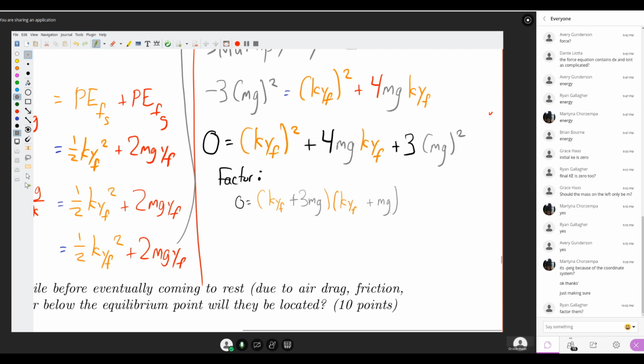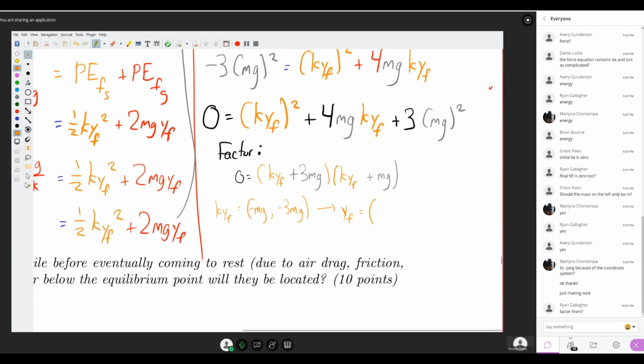And that means that ky final equals either minus mg or minus 3mg, and that means that y final, the thing we came here to find, is equal to either minus mg over k or minus 3 mg over k.